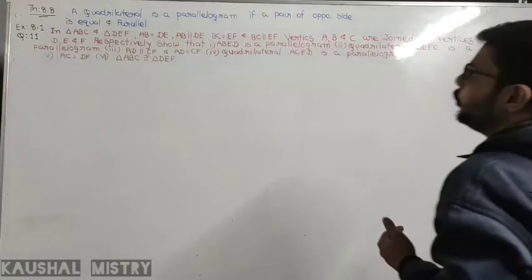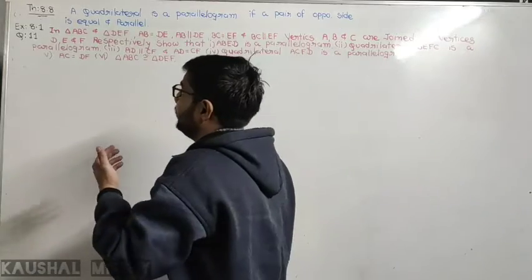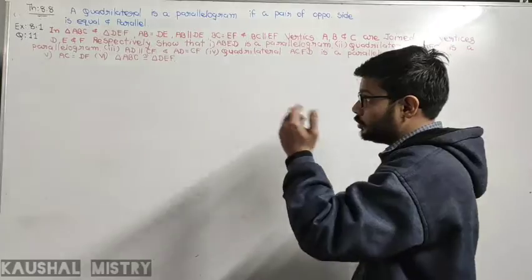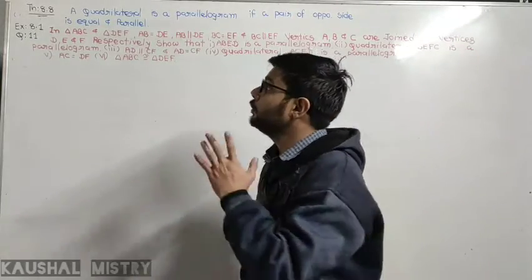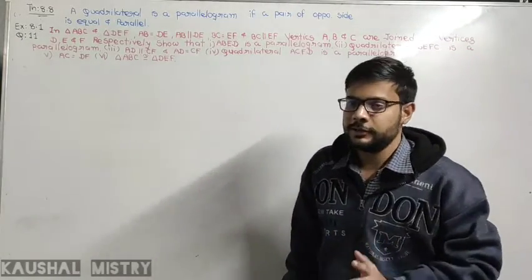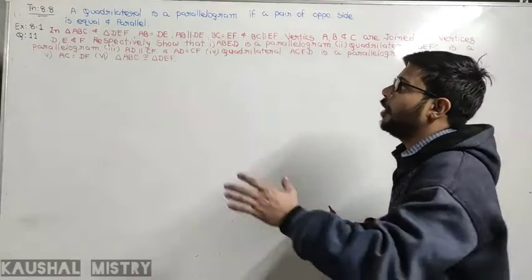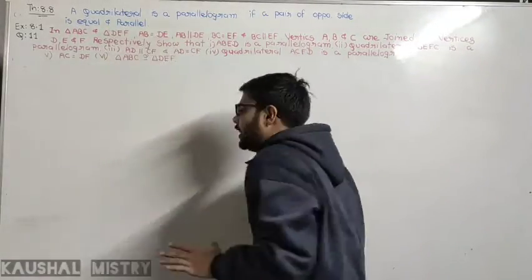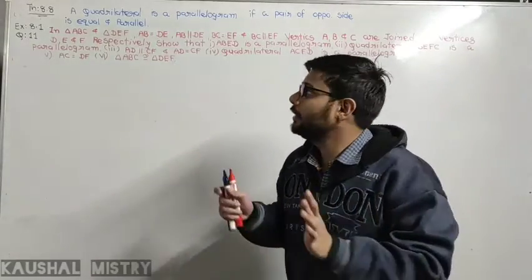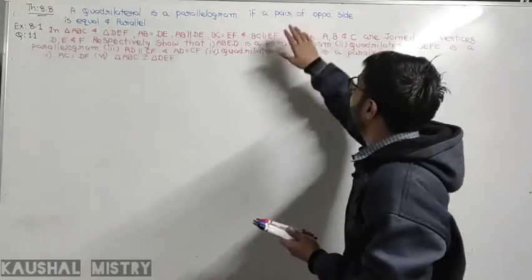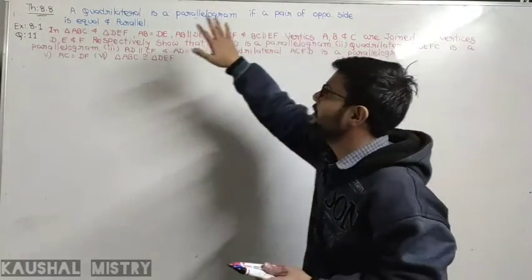Now we are going to discuss exercise 8.1 question 11. But if you want to solve this, then you have to know theorem 8.8, right? Now what theorem 8.8 says is that a quadrilateral is a parallelogram if a pair of opposite sides is equal and parallel.